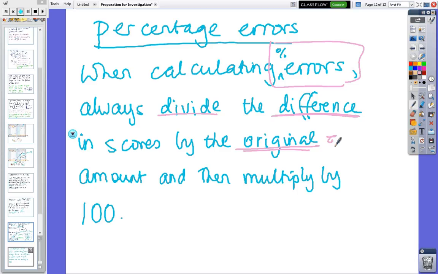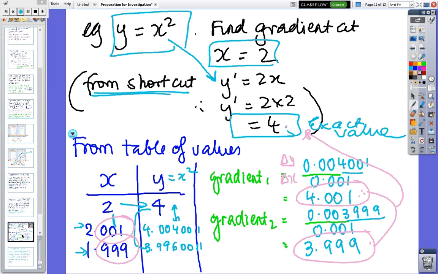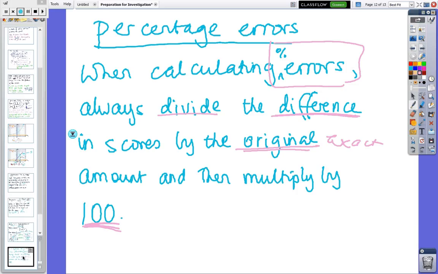The original score will be the exact value, and then to change a fraction to a percentage, we multiply by 100. So for instance, in that previous one, the difference is 0.001 between those two numbers, and then we would divide by 4, and then we get our percentage error. So we divide by the original score, the exact score.